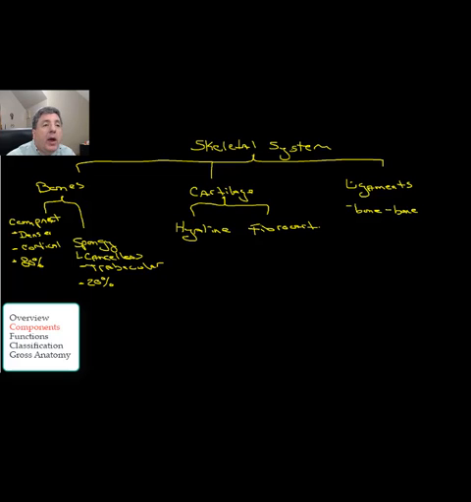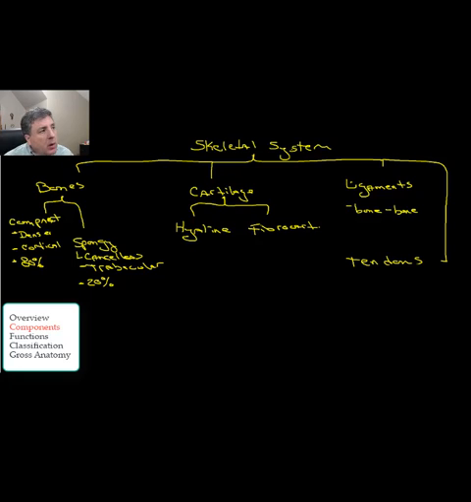Okay, and another structure yet, tendons. Tendons are connecting muscle to bone. So when muscles contract, it pulls on the tendon. Tendons are attached to the bone. It moves the bone, and that allows for motion.